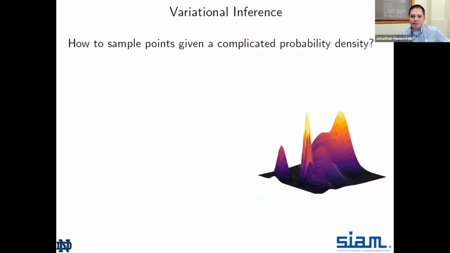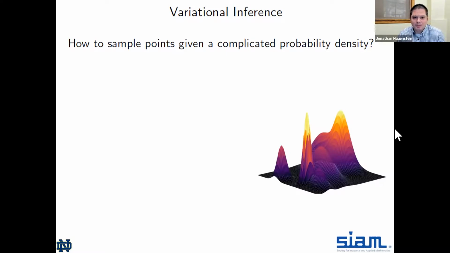Okay, now let me end with my last example, which is related to probability and statistics: how can we use homotopy continuation to sample points given a complicated probability density? You have some complicated probability density, and you want to know how to sample points from this density.